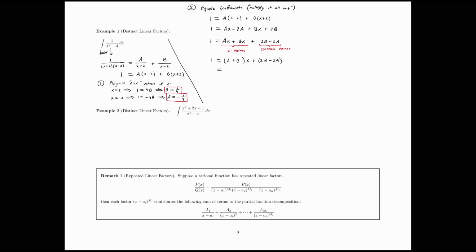I would write this as 0x plus 1, because there are no x's on the left-hand side, so 0 is the coefficient.